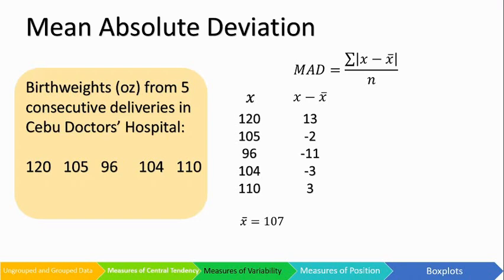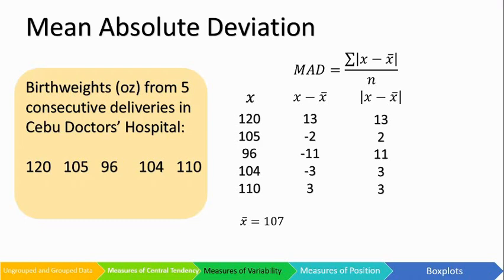These numbers are the deviations of each of the data points from the mean. A positive value means it is to the right, and a negative value means it is to the left of the mean. Because we are only concerned with how far they are from the mean, we can ignore the signs by taking their absolute values.